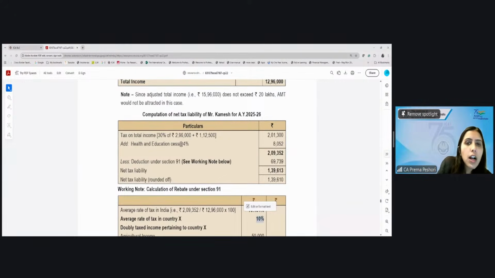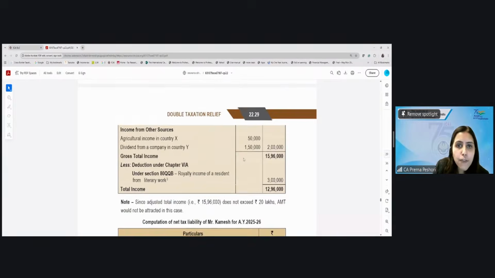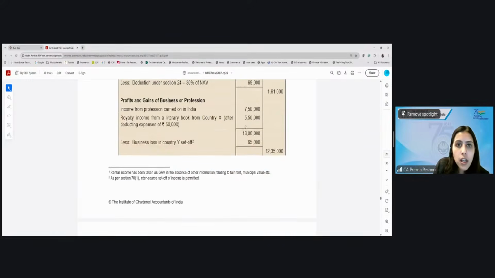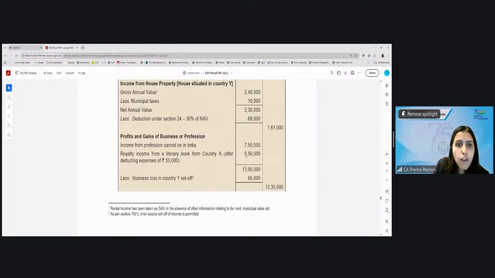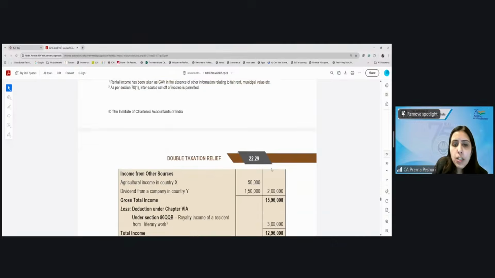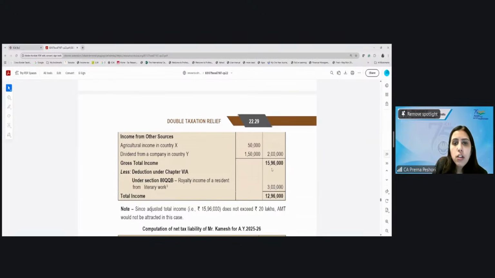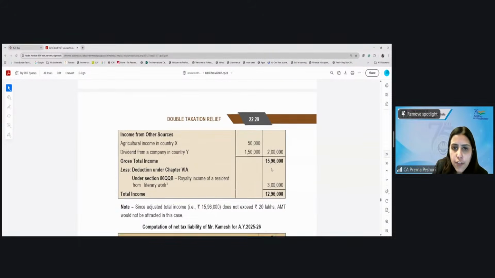On what amount should I apply it? Directly on 5,50,000? This 50,000 plus this income of 5 lakh or 6 lakh. Should I apply on 6 lakh plus 50,000? Should I apply on 50,000 and 5 lakh 50,000?